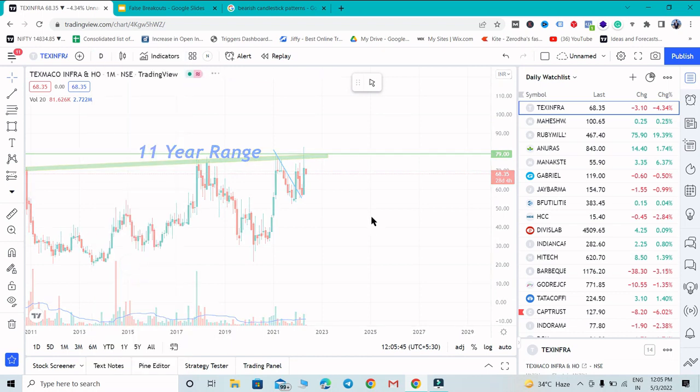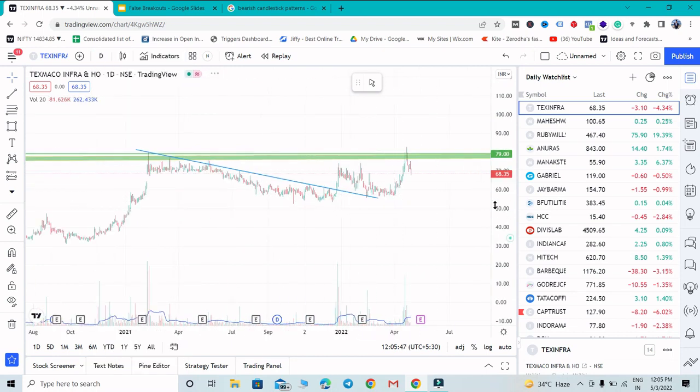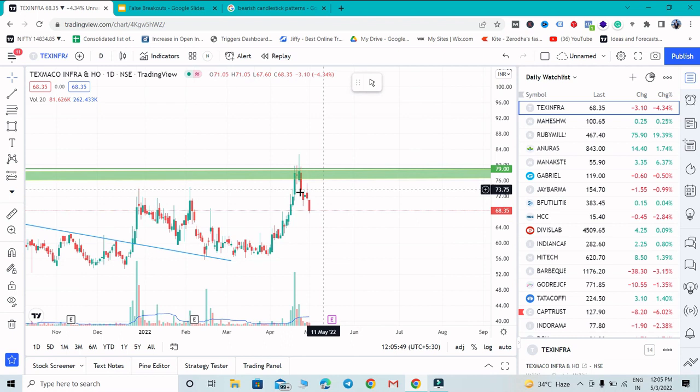We were awaiting the breakout of this particular zone, but what happened is that over here we can see a one side move, that is a parabolic move, without any consolidation, just one side price movement before the breakout. So before the breakout, if you spot a parabolic move, there are high chances that the breakout might fail.